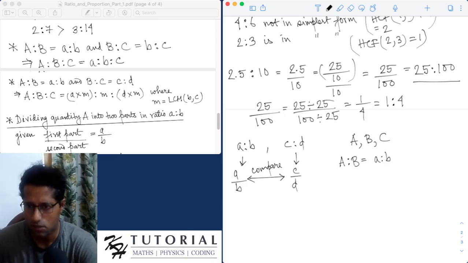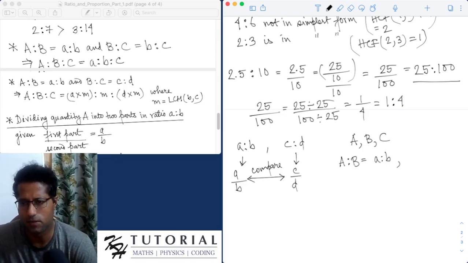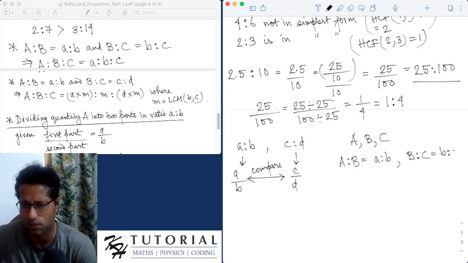Let's say it is given that A is to B is small a is to small b, and it is given that B is to C equals small b into small b is to small c.